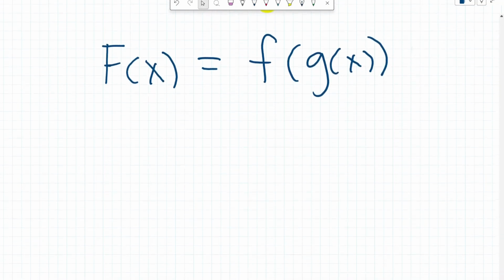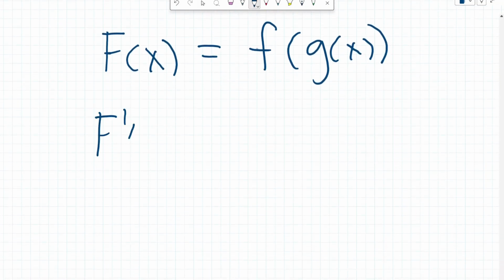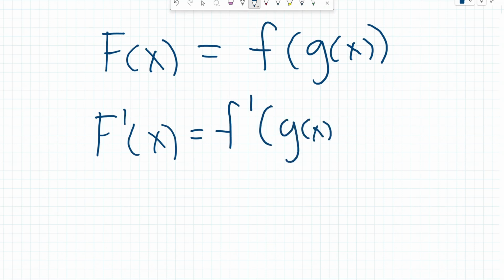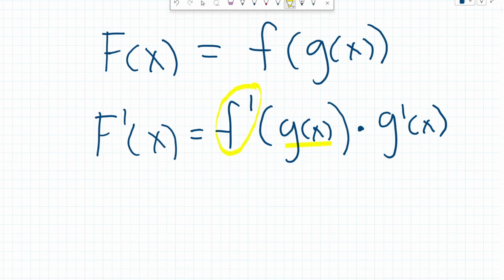So to take the derivative of this function, what we have to do is we have to take the derivative of the outside function, then we keep the inside function the same, and then we multiply by the derivative of the inside function. So again, we take the derivative of the outside function, keeping the inside the same, multiplied by the derivative of the inside function.